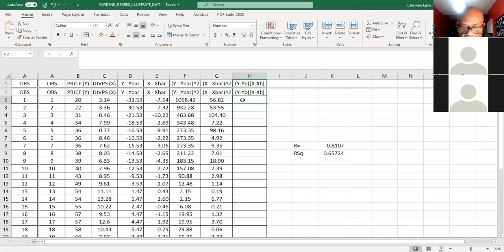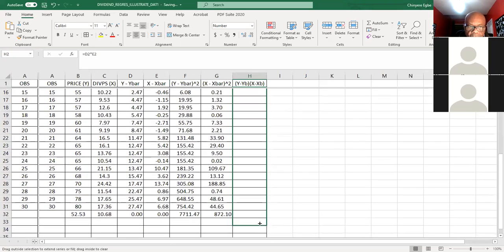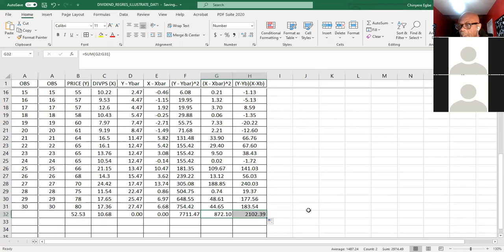That becomes equals D2 star E2. Multiply that, and you get the sum of that.